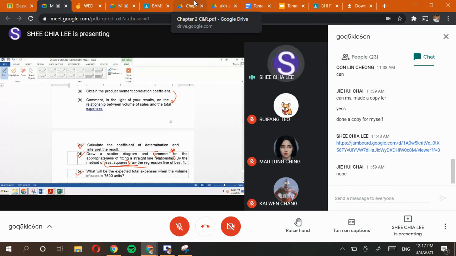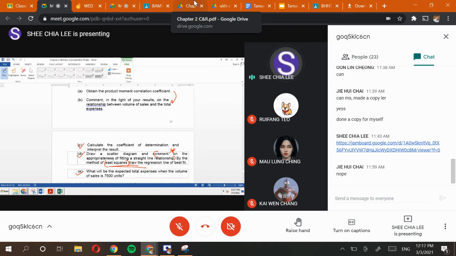And draw a scatter diagram and comment on the appropriateness of fitting a straight line relationship. See whether the scatter diagram will actually show you a positive relationship which is very clear or not. You can draw in a straight line, so you just comment on the appropriateness of fitting a straight line relationship. And also by the method of least squares, draw the regression line of best fit.